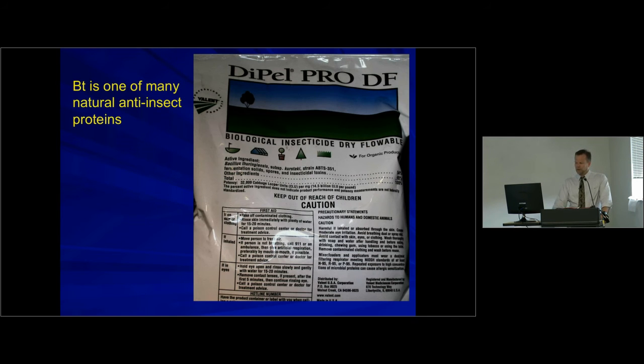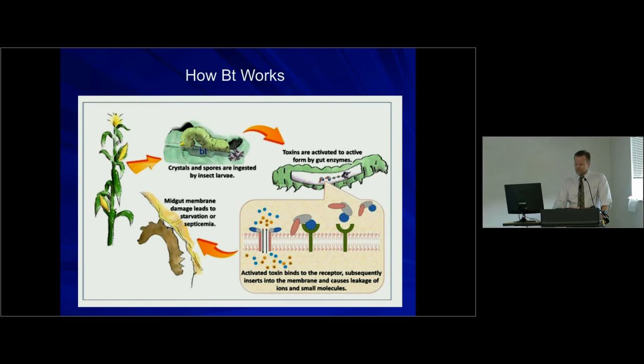How it works is pretty remarkable. You can sprinkle Bt spores on the plant. So it's shown on the top here where that caterpillar is eating them. And inside the gut of the caterpillar, it binds very specifically to a receptor that's only found in the gut of that caterpillar.